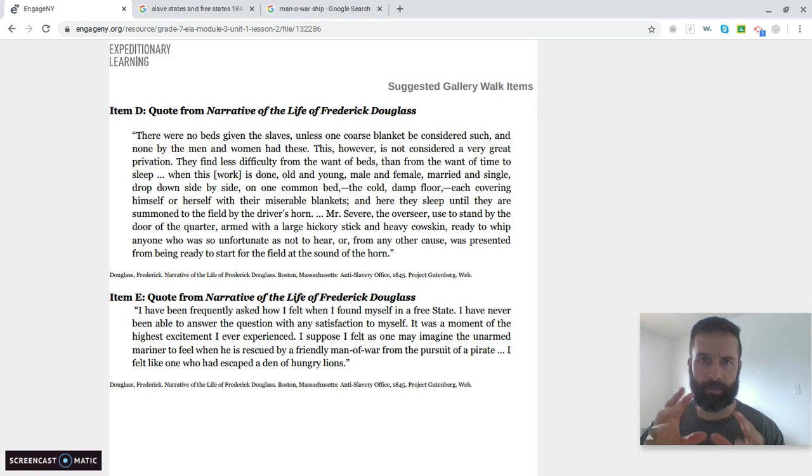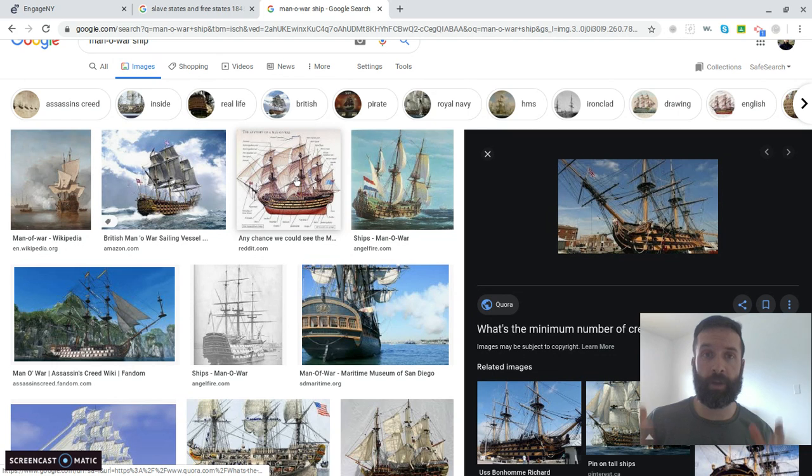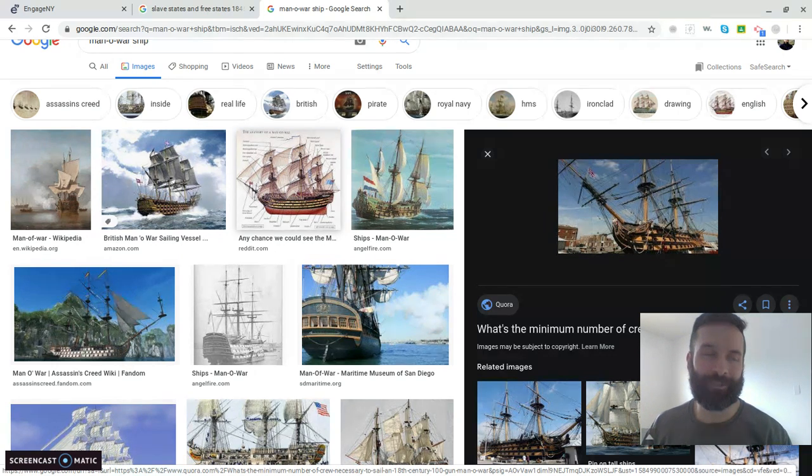So there's a lot of imagery going on here. For those of you who don't know, an unarmed mariner is an unarmed sailor, someone who was on a ship, and they were rescued by a friendly man of war. A man of war is just a very, very large naval vessel. It's the equivalent of one of our heavy cruisers or destroyers in the U.S. Navy today.